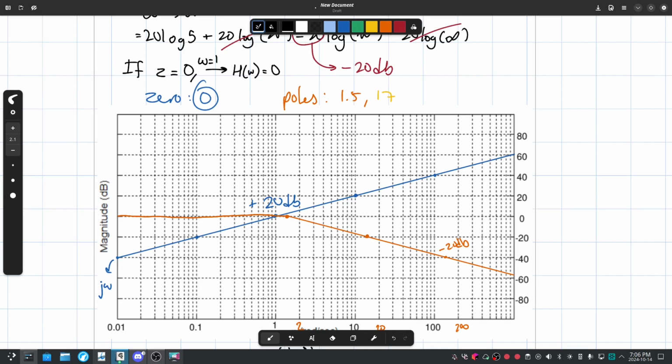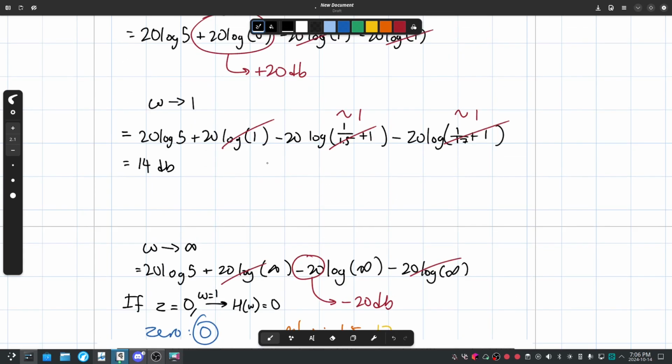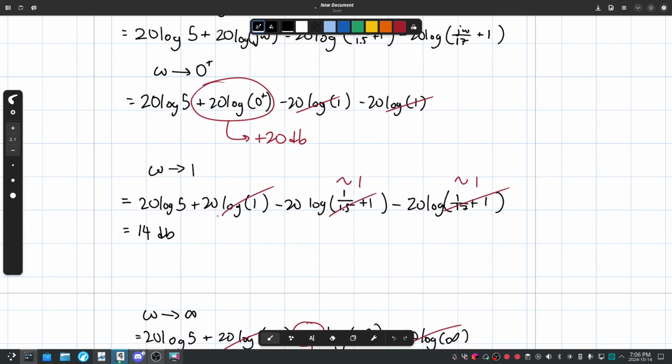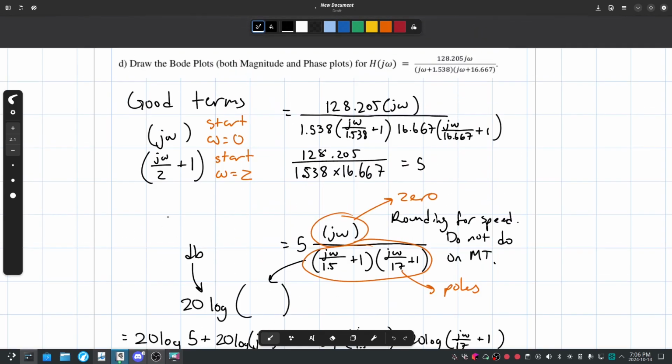The 5 in front does not affect the line. It does, but we do that at the end. The 5 bumps the whole graph up by, not 5, but by this amount, 14, because we have 20 log 5, not 5. What's H of jw? That is our equation here.